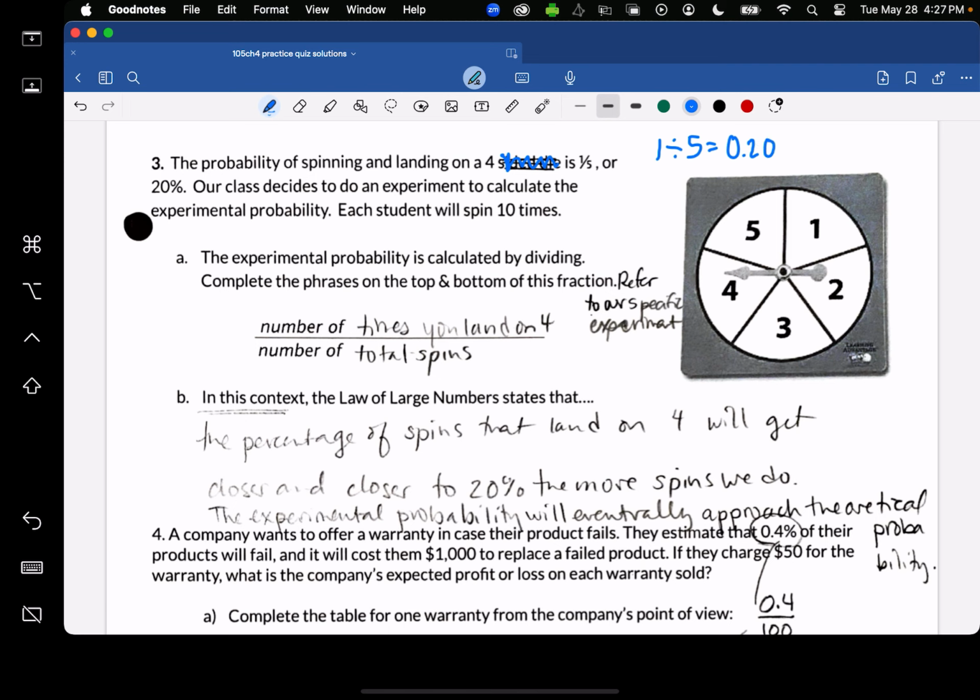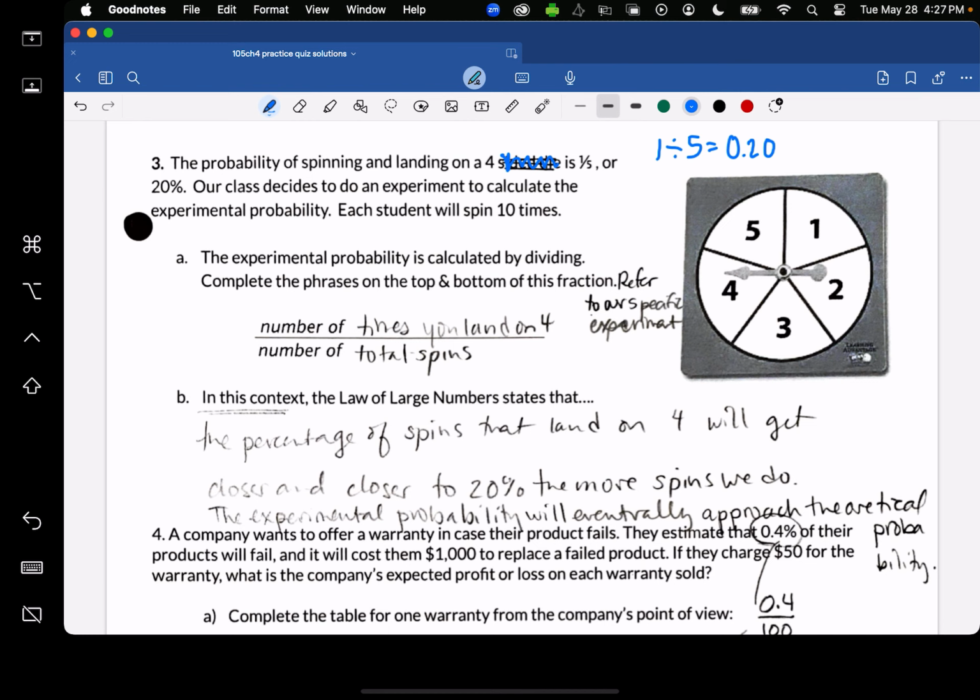Our class decides to do an experiment to calculate the experimental probability. Each student will spin 10 times. The experimental probability is different than the theoretical probability, which we already know is 1/5. But the experimental probability is talking about our specific experiment.